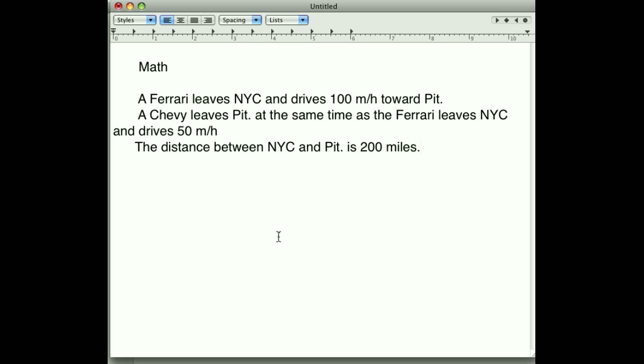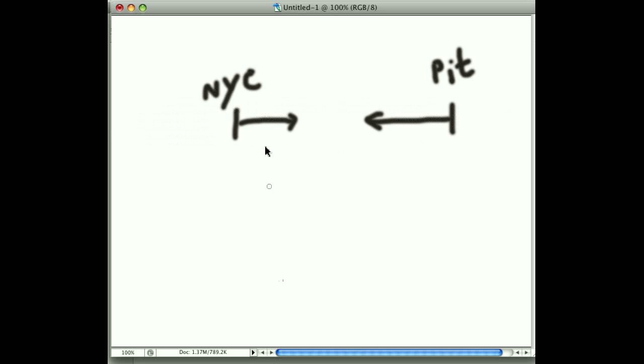Let's suppose that this is a straight road and they both go at the same speed all the time. There are no lights. So this one is going 100 miles an hour and this one is going 50 miles an hour.